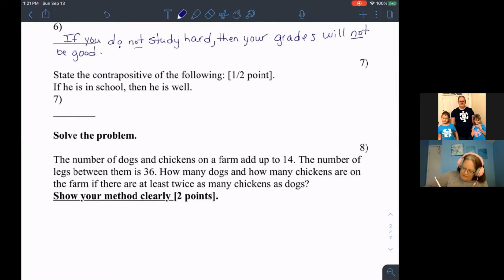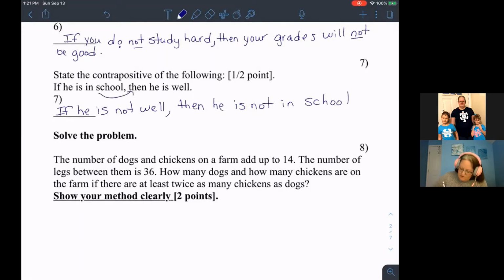So that would be if he is not well, comma, then he is not in school. Because it's the opposite positions and the opposite meanings.